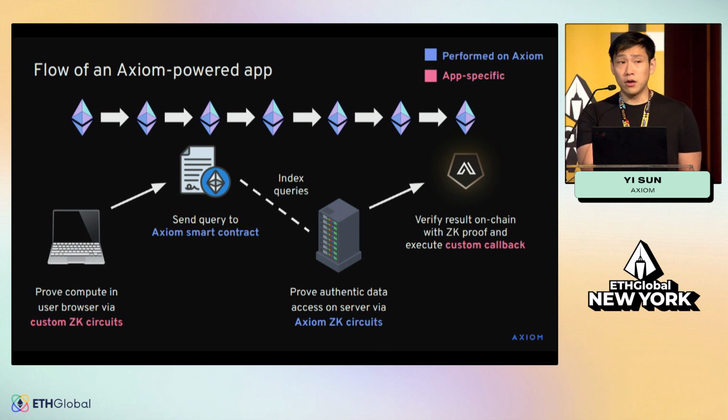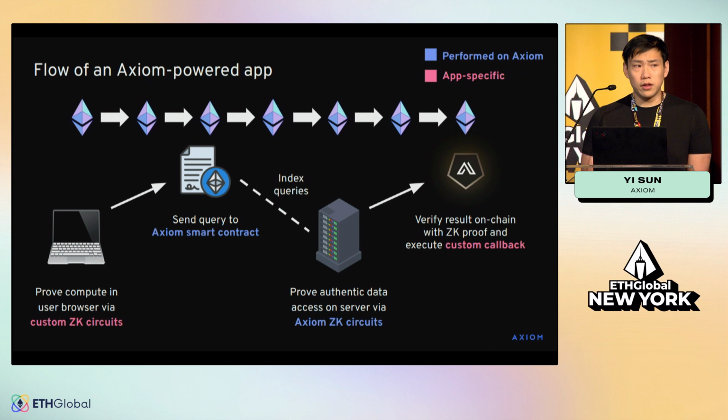They'll send a query for on-chain data to the Axiom smart contract, which we're indexing. And we'll prove that the data access that they're doing is authentic using zero-knowledge proofs. Finally, we verify the end results on-chain with a ZK proof, and we execute a custom callback on your smart contract, which is the only change you need to make to your contract to integrate Axiom.